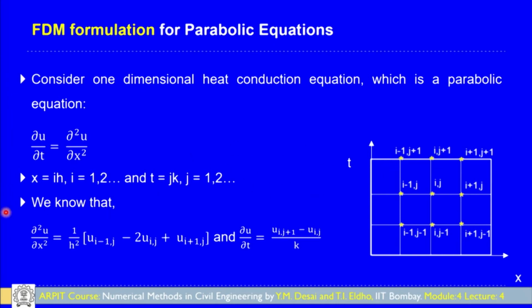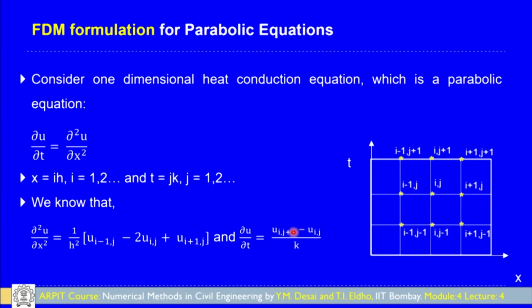Here del square u by del x square, which is the spatial derivative, we can write as 1 by h square into u i minus 1 j minus 2 u i j plus u i plus 1 j. And for del u by del t we can use a forward difference, for example u i j plus 1 minus u i j, in the time direction, divided by the time step delta t, that is k.